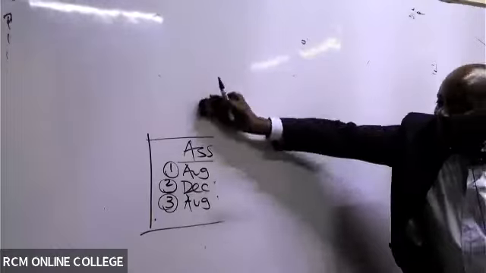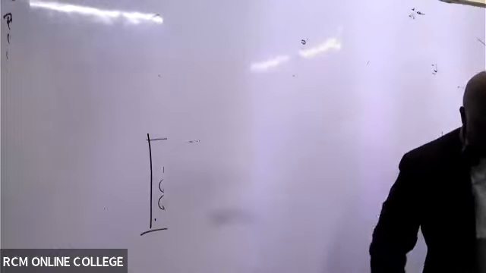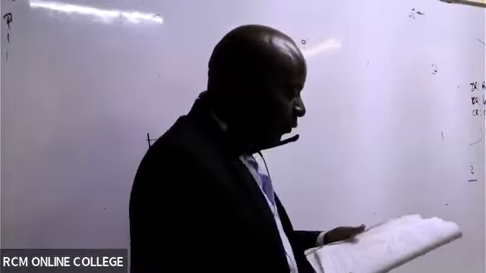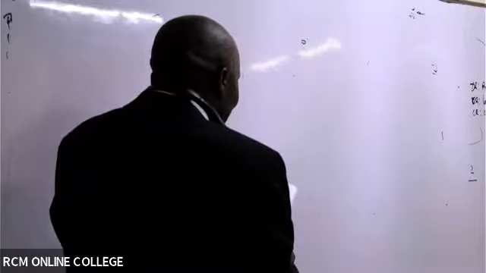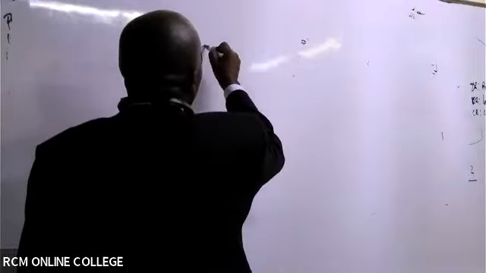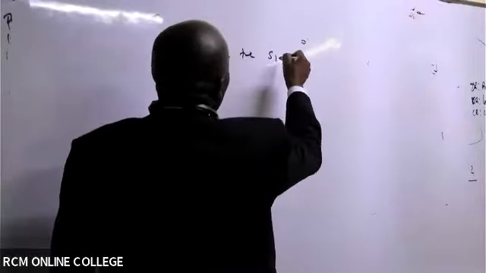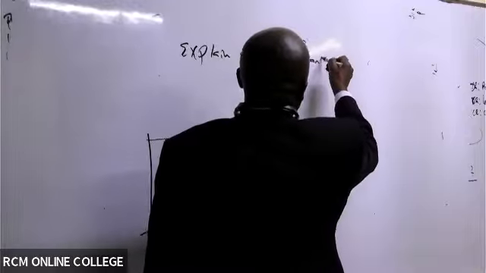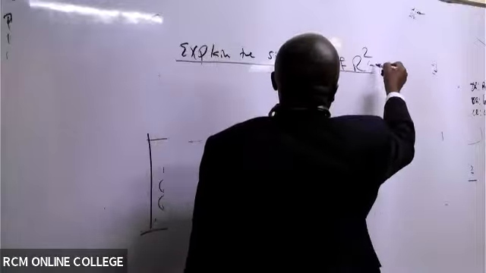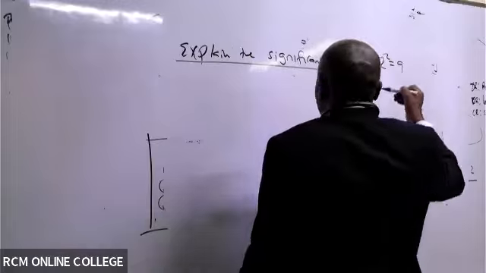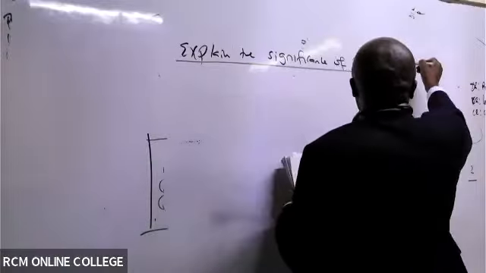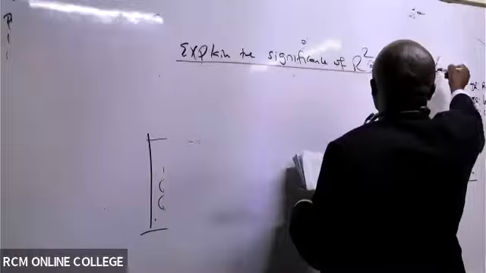Number 4, what do they want us to give them? In number 4, they want us to explain the significance of r squared. And they've given us r squared of 99.8841%.